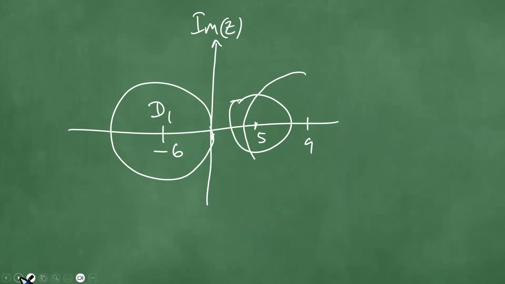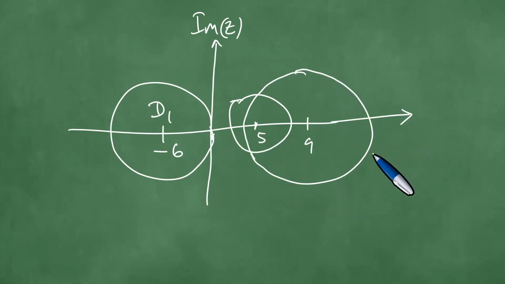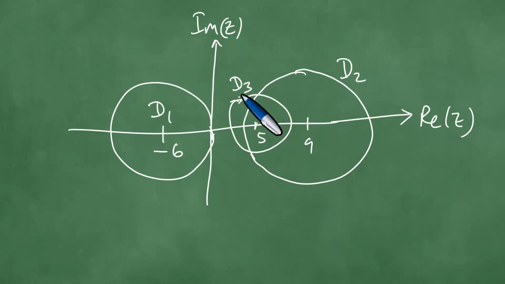So there's a point I'm trying to drive towards here. And this one is the real part of Z. Disk 2, disk 3.